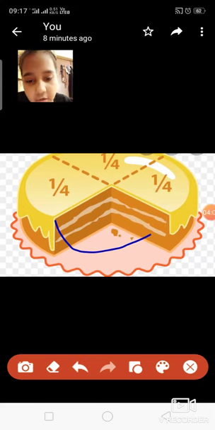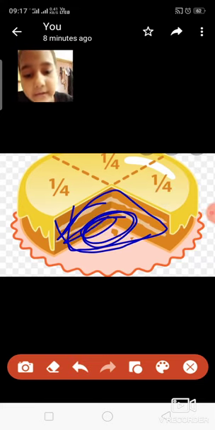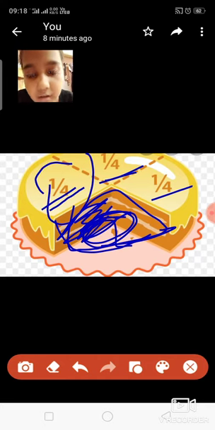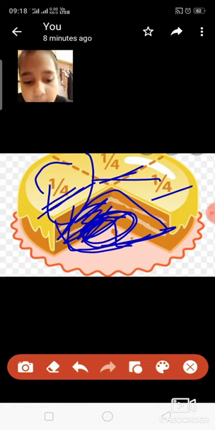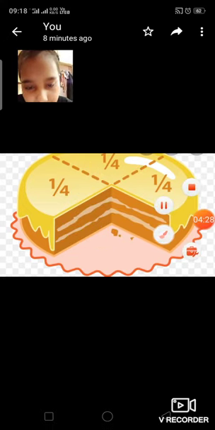1 piece is taken over here. Imagine 1 piece is here and 4 pieces must be there: 1, 2, 3, 4. So here it is written 4, and every piece is 1/4.